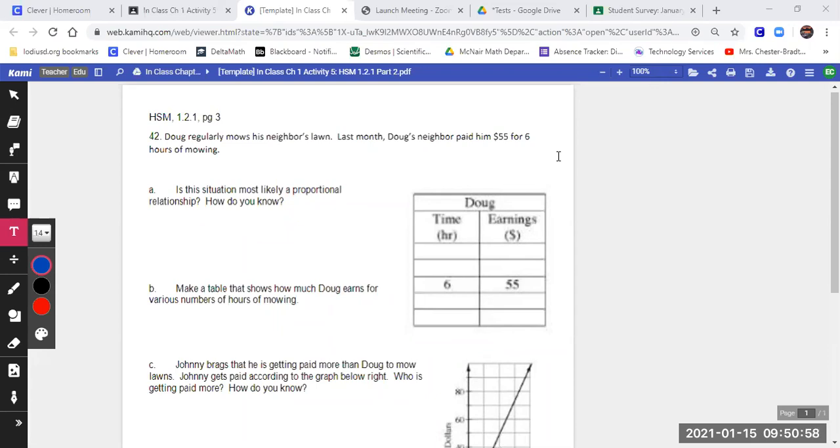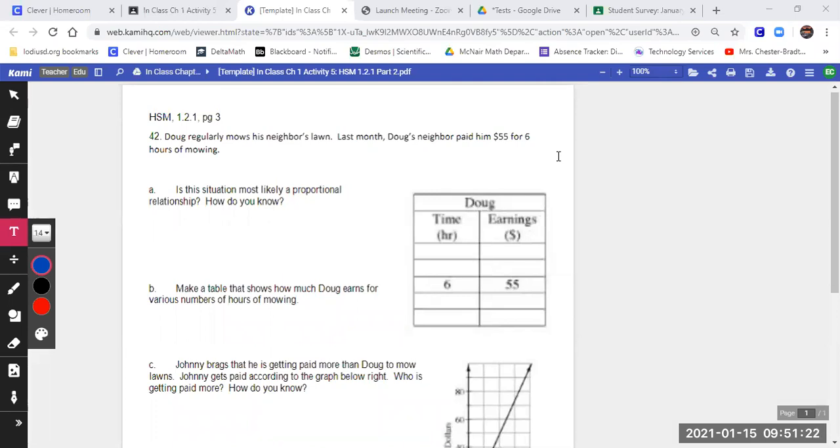If it's a proportional graph, what is it going to look like? Look back at yesterday if you have to, the in-class activity 4 that you already did.